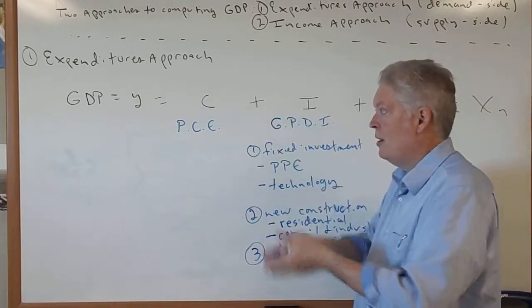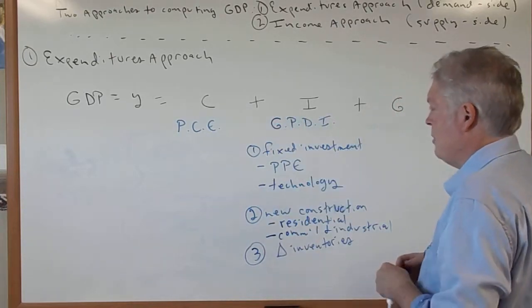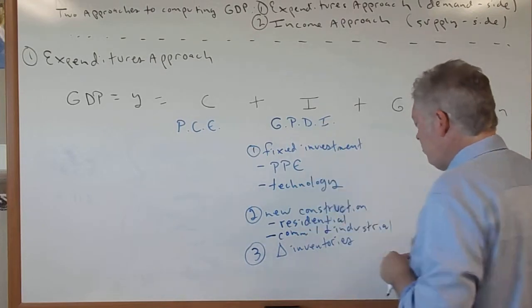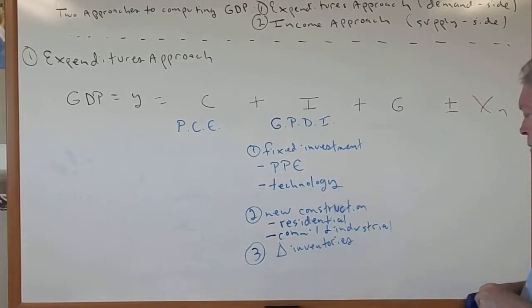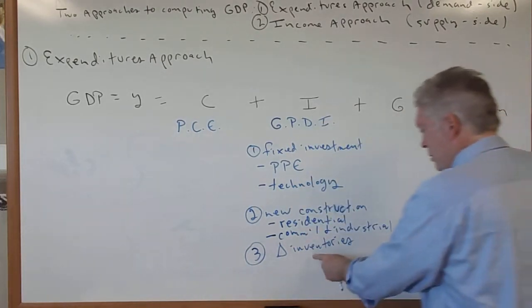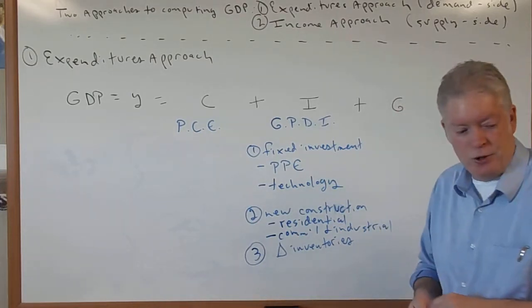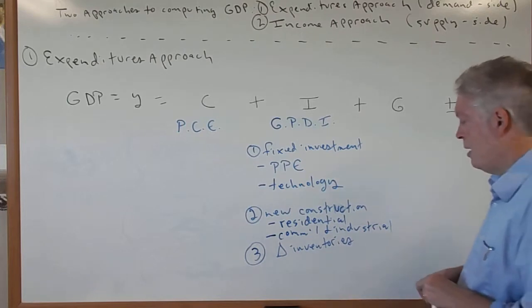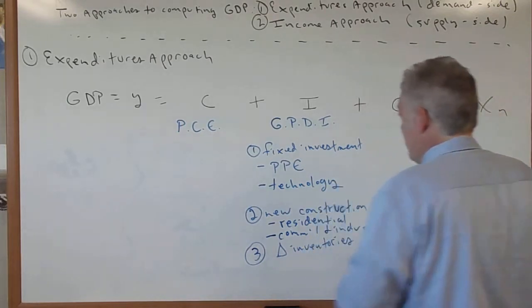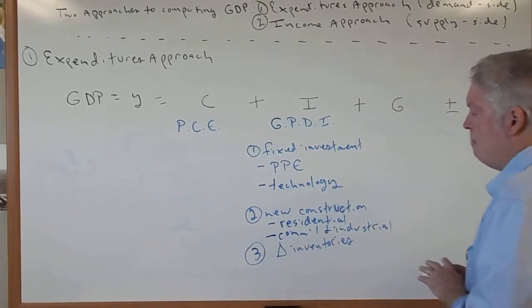We all know the economy goes up and it goes down. Oftentimes we zero in on investment, because of the instability of some of this, and in particular inventories, particularly in years past when inventories were a much more important part of the economy. So changes in inventories, and more on that a bit later, okay?